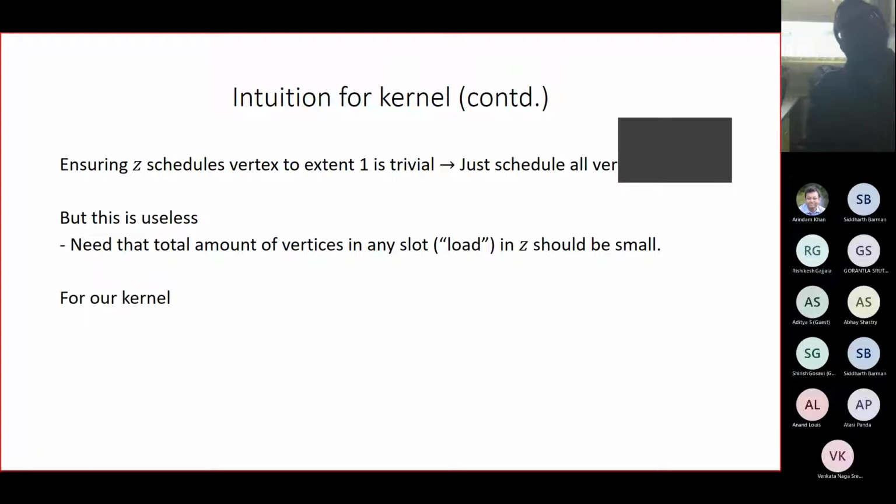In particular, you can show that if I use the kernel which I just showed you, then the load is at most beta. So pick any slot T and look at the total extent of all the vertices in this slot. That's going to be at most beta. Beta is some small constant. So Z is very close to an assignment.